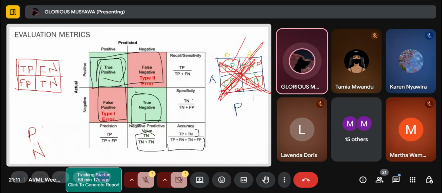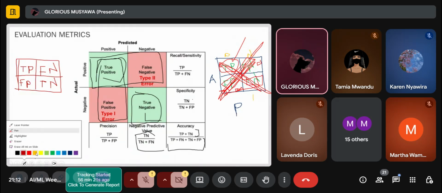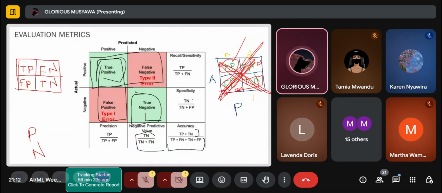So when I'm doing accuracy, we have already identified that this part of the matrix is the correct classification. So I'm going to pick true positive plus true negative over the whole confusion matrix, over all data points: true positive, false negative, true negative, false positive.